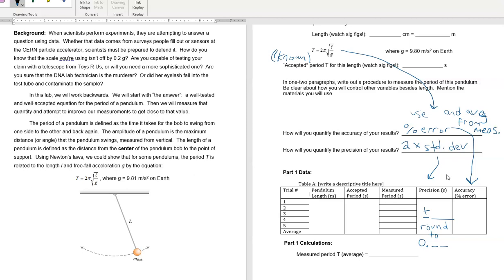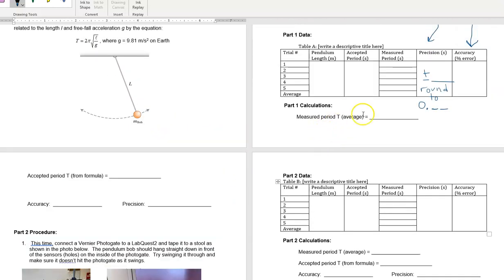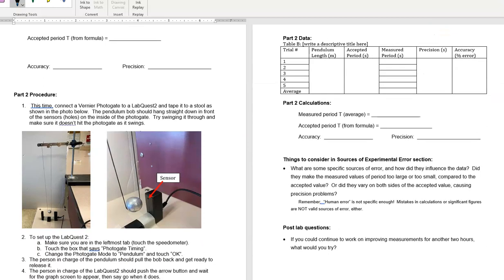And you have the formula for percent error in your notes. As you're making your lab report, you're showing your work, and you're trying your best to type it. That's why this is in here twice. You're filling it in the table, but you're also showing your work. And you're doing that all again for part 2.